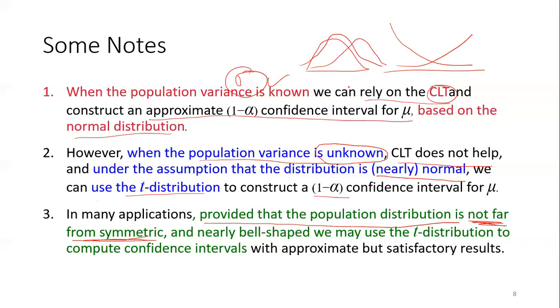So if it is not too far away from symmetric and nearly bell-shaped, okay, then we may use the t distribution to compute confidence intervals with approximate but satisfactory results. So if they are not normal but they are not far away from symmetric, then instead of having no results at all, you can just use these approximate confidence intervals.